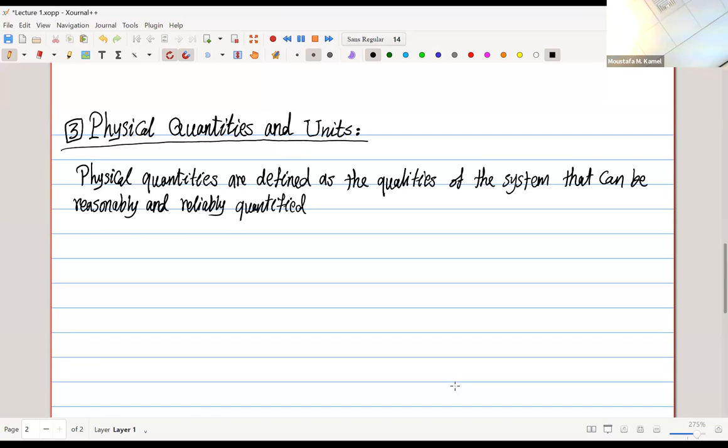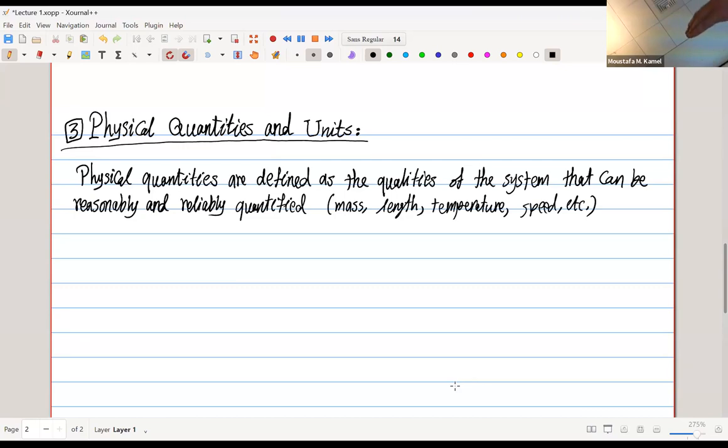And as examples, you have, for example, mass, you have length, you can have temperature, you can have speed, etc. All of these are physical quantities, and you can see that some quantities are more fundamental than others.